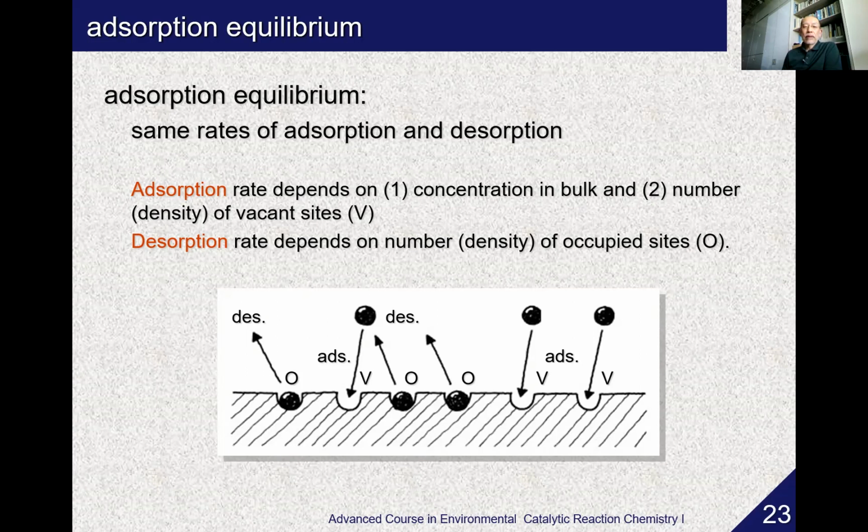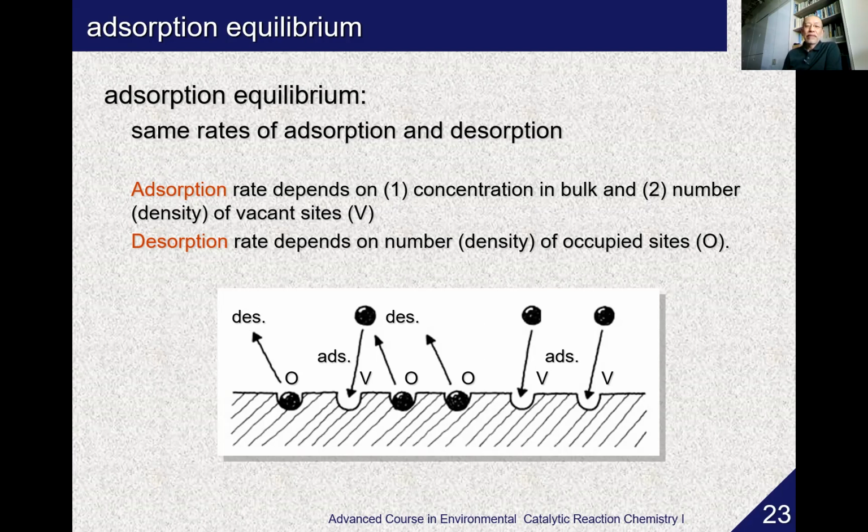The adsorption rate depends on two points. One is the concentration in the bulk of adsorbate, and two, the number or density of vacant sites. If all the adsorption sites are occupied, it is impossible to adsorb.